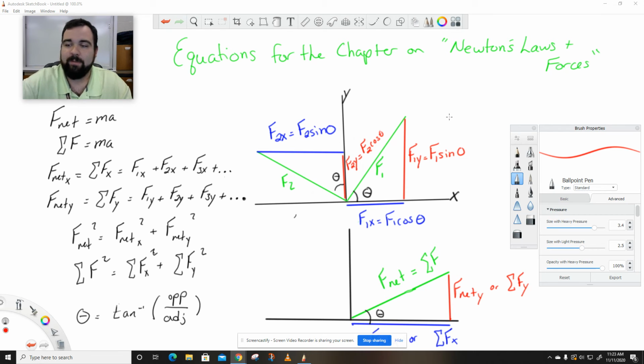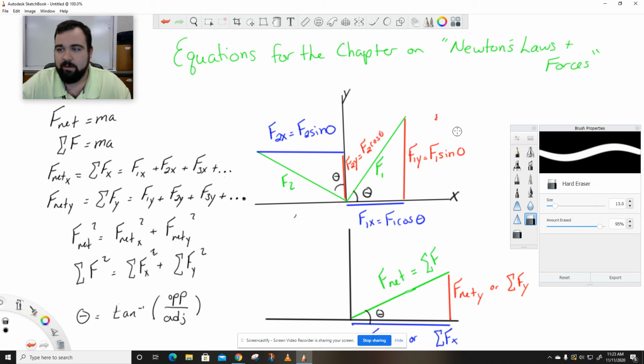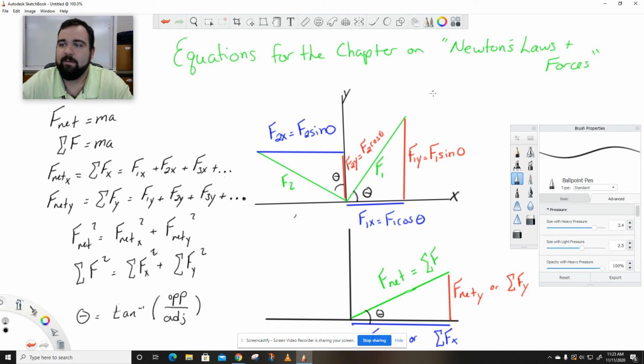Another thing you can keep in track of, just to make sure the values make sense to you, is your relationship between theta and your components. So let's start with theta is equal to 45.